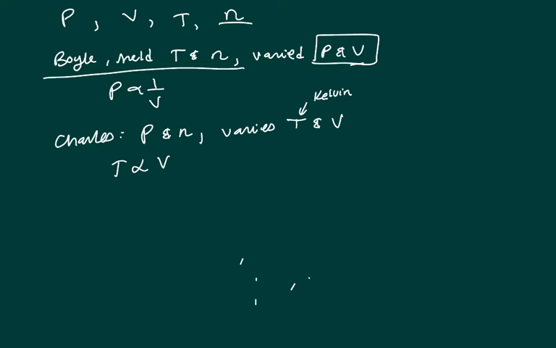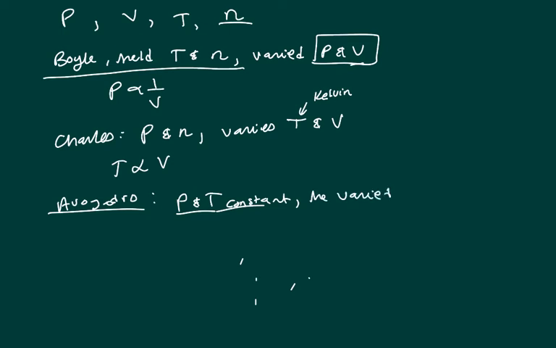Now, Avogadro came in and he held pressure and temperature constant, and then he varied the volume and the number of moles. And he also found out that volume was directly proportional to the number of moles of a gas.